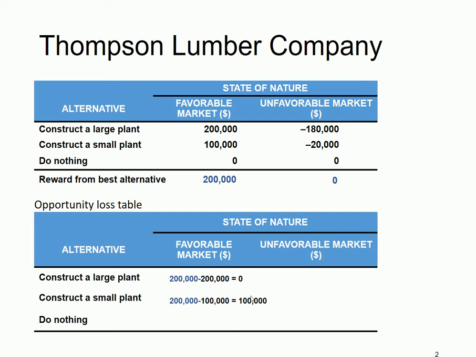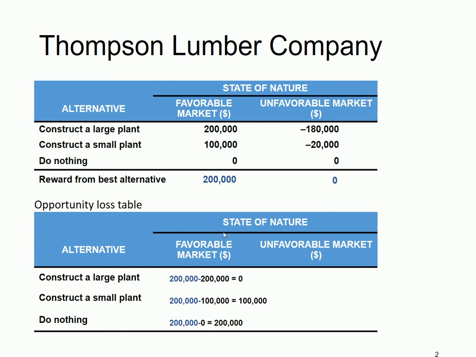The difference is $100,000. That's your regret. But if you do nothing and the market is favorable, then you actually get nothing, 0. But you could have gained $200,000 if you had chosen the best outcome. So the regret is $200,000 here.